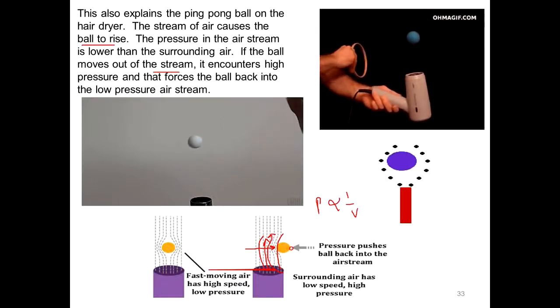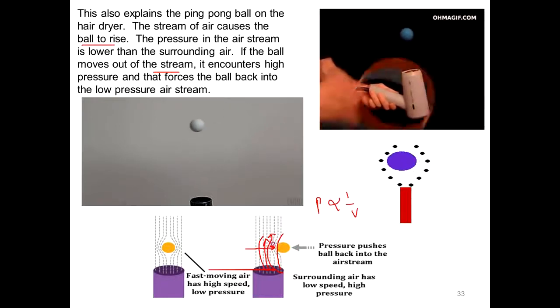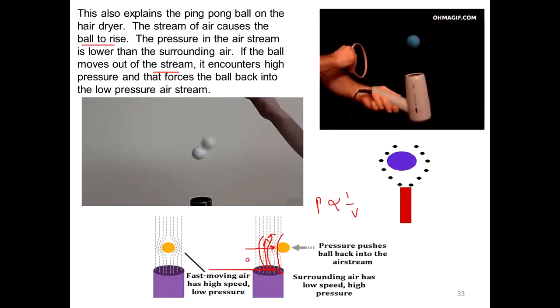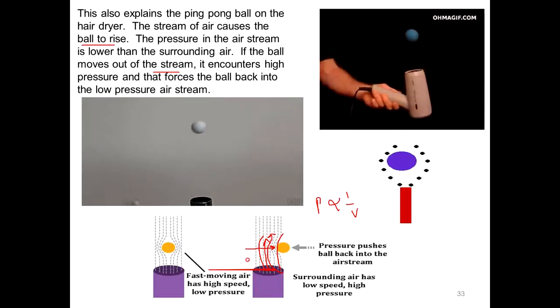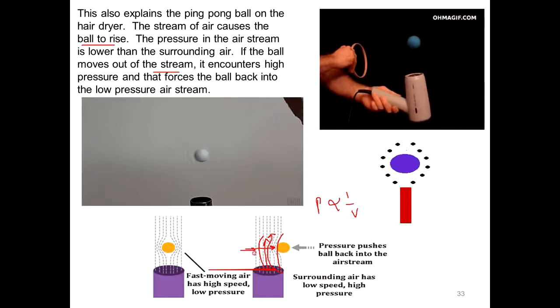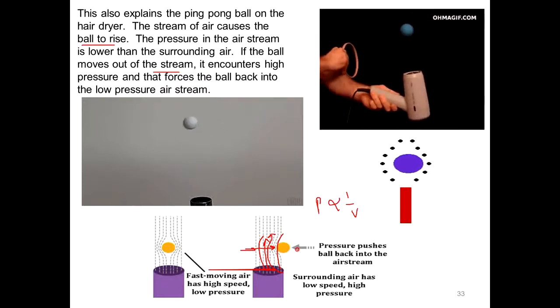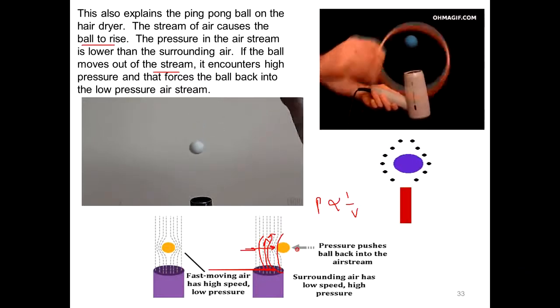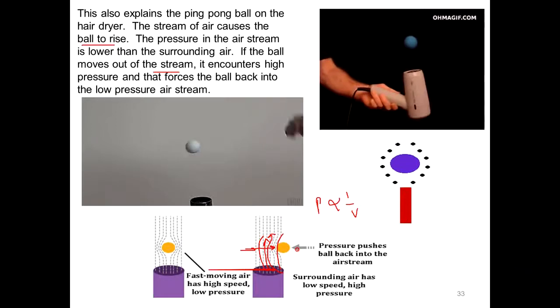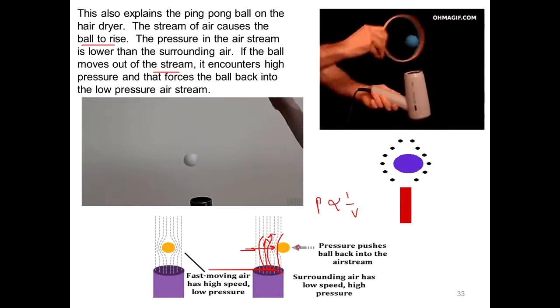Hence it is being pushed back into the air stream. Okay, hence it will not fall down. So this difference in pressure on the left side as well as on the right side returns the ball into its original position. So this is also one more application of Bernoulli's equation.